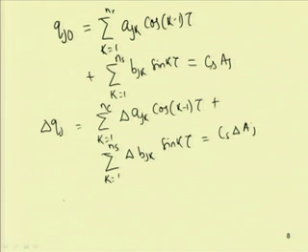Now C s can be written as follows. For the first term, substituting k equal to 1, the argument becomes 0 and cos 0 equal to 1, so its coefficient of A j 1 is 1. Similarly, for the second term, k equal to 2, we get cos (2 minus 1) tau, that is cos tau, so the coefficient of A j 2 will be cos tau.